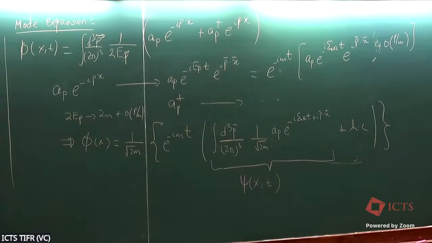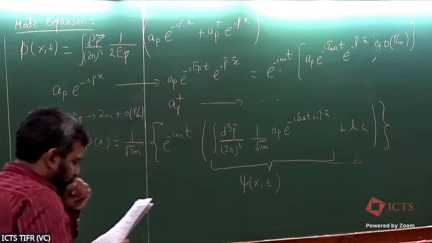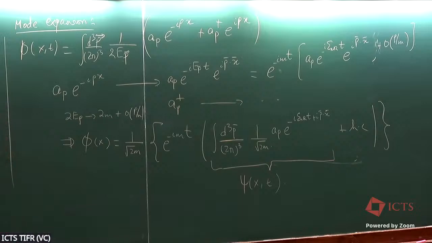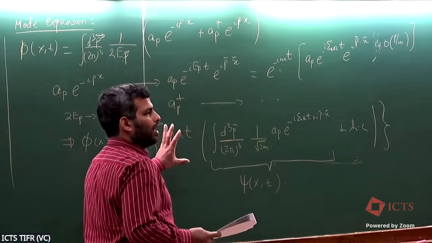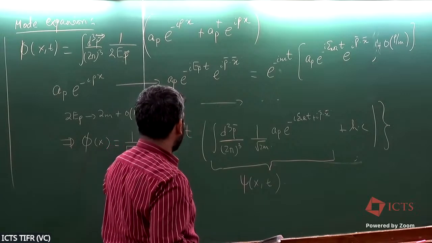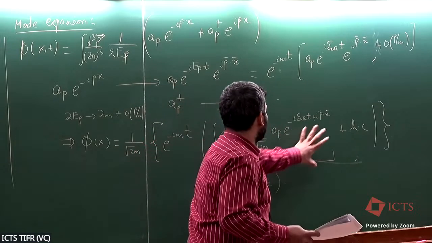I have just taken the mode expansion of the real scalar field, expanded in terms of the momentum by heavy quark mass or massive particle mass, and extracted out a highly oscillatory piece that would correspond to the rest mass. Because in this exponential, this would be the term that would be oscillating over time scales at much smaller times. This would be oscillating very rapidly compared to this term in the exponential.